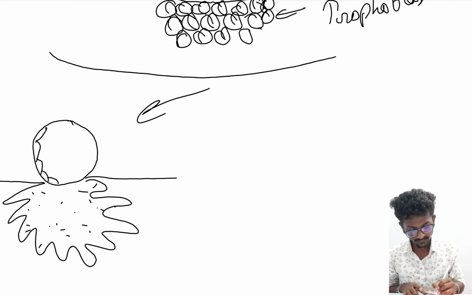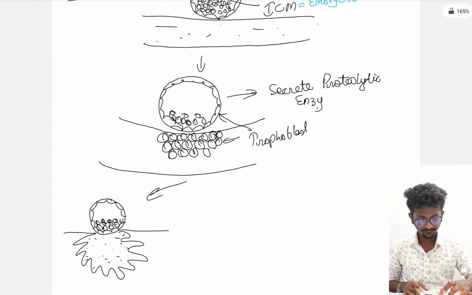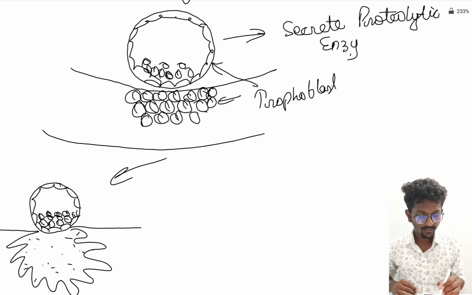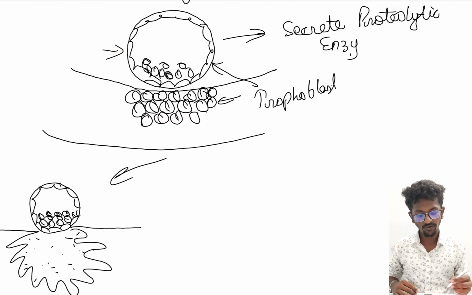These are the trophoblast. These are the inner cell mass. Now see, as I named it, this was also trophoblast, this was also trophoblast, and this was also trophoblast. But now what happened?